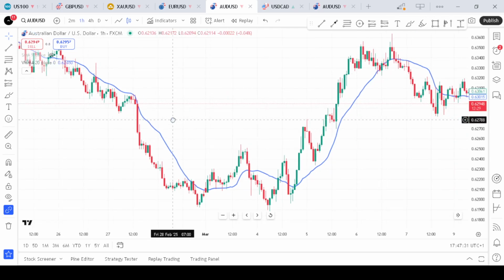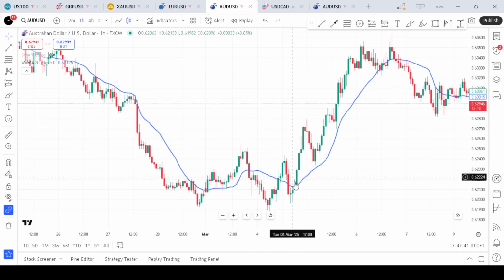Now, once you have identified the trend, you wait for a pullback towards the VWMA. This retracement represents a temporary pause in the trend. When price is consistently above, you wait for a pause in the trend by price pulling back to the VWMA.